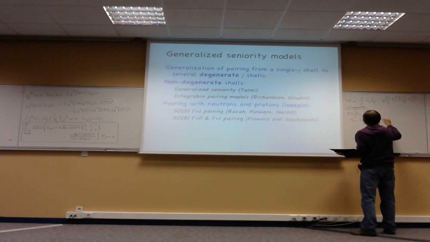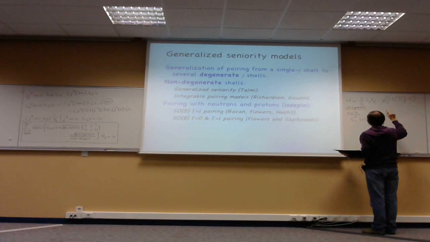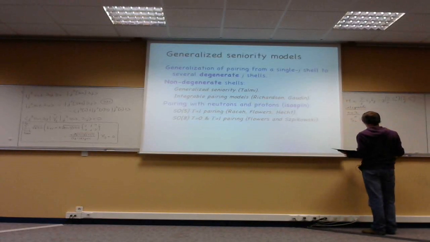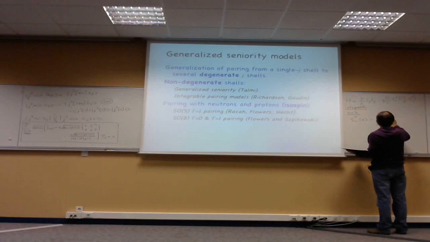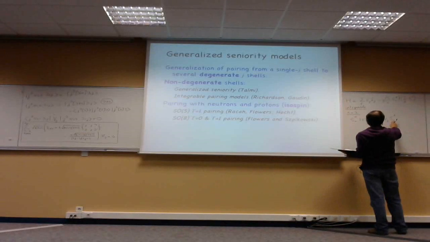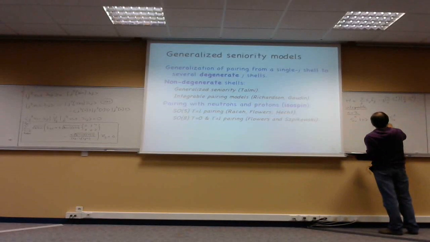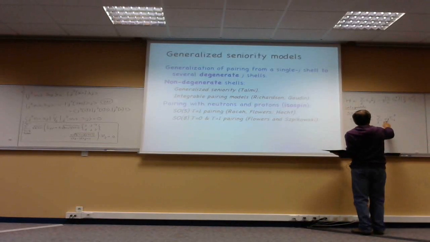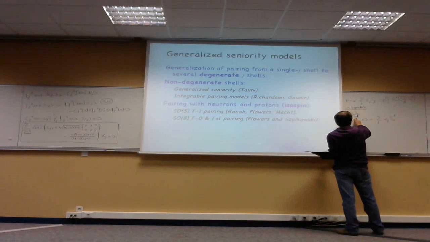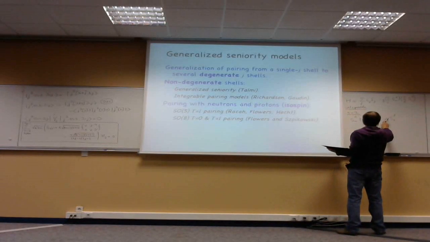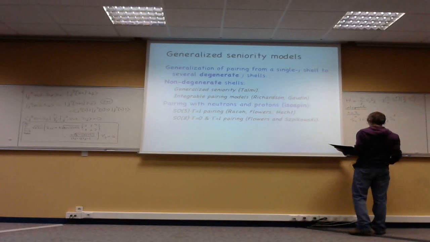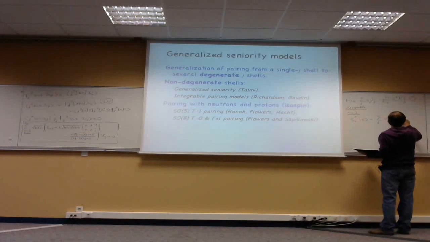Written explicitly, it's a straightforward generalization of the S pairs we considered up to now: instead of having a combination of pairs of particles in the different shells with the same coefficient, we take arbitrary coefficients.